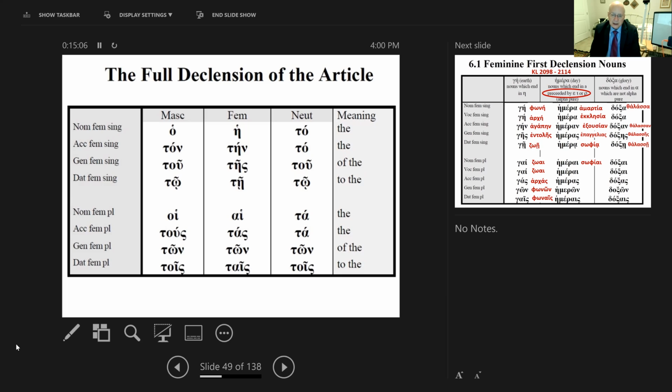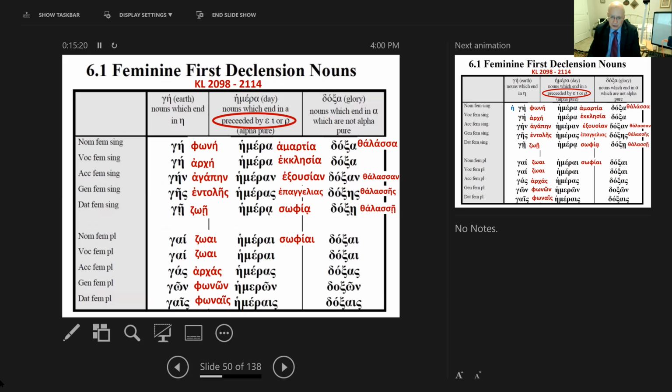And now in chapter 6, we are adding the feminine form, the first declension feminine words, and the nominative article is hē. And forms of hē that we will talk about in just a moment.